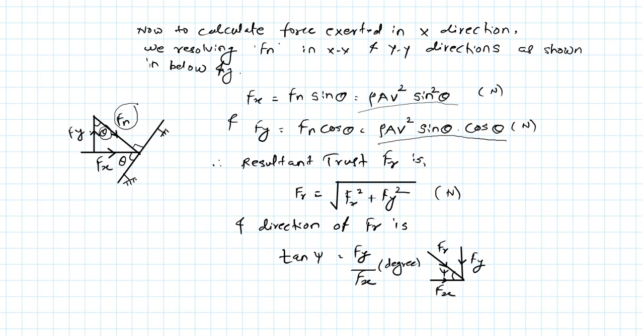This is the magnitude. And the direction of the resultant force is tan psi equal to Fy upon Fx. So in this way we calculate the normal force exerted by the jet on a plate, the force in the x and y directions, the resultant force, and its direction.